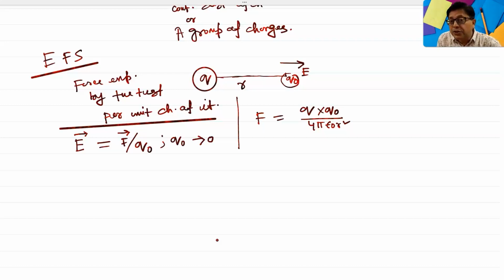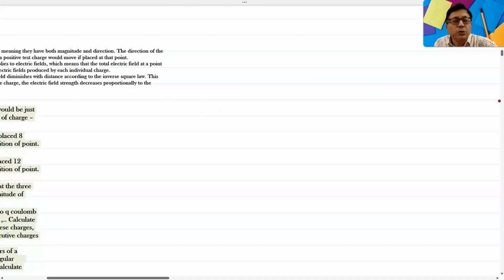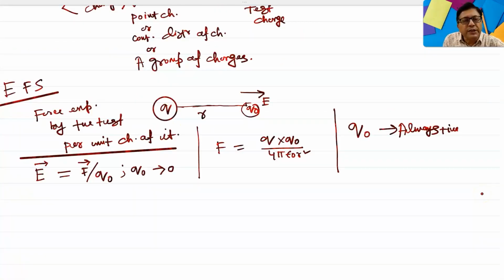And one thing you have to make clear, that this test charge Q0 is always positive. So when you consider direction of electric field, sign of Q is important.